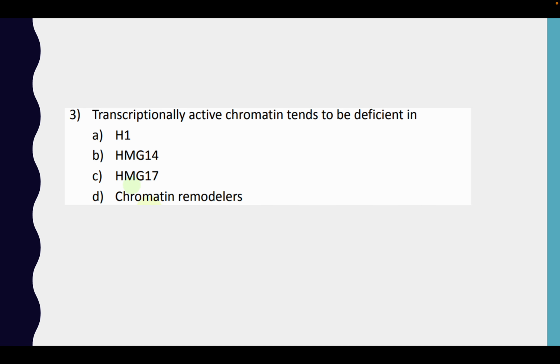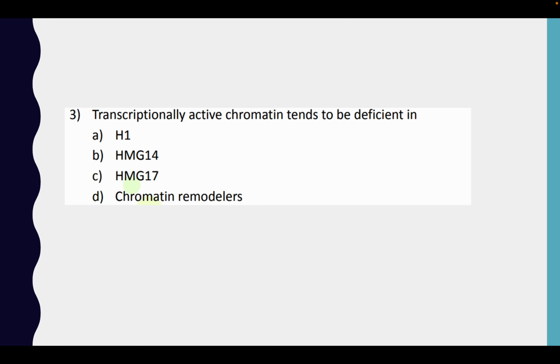So chromatin remodelers, transcriptionally active chromatin, that is euchromatin, it lacks chromatin remodelers. Okay. So it contains histone H1 but is generally considered to be less densely packed with H1 compared to heterochromatin. Okay. Meaning H1 is more prevalent in heterochromatin where it contributes to tighter chromatin compaction.